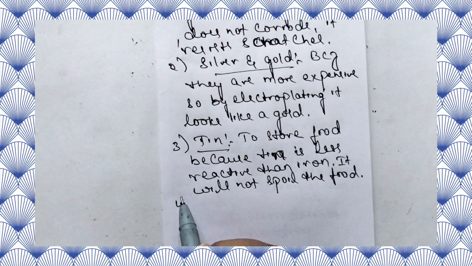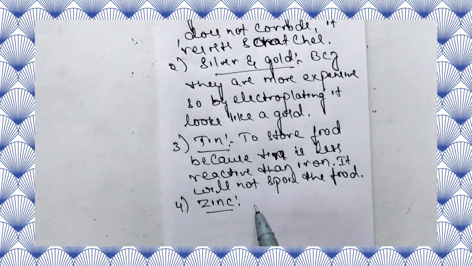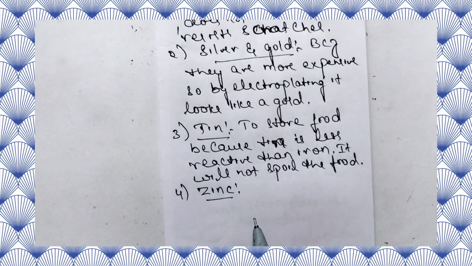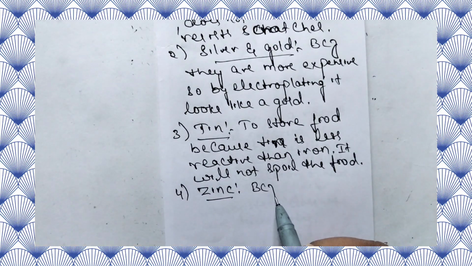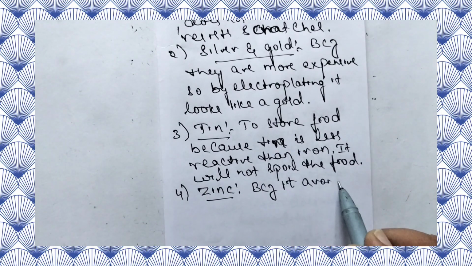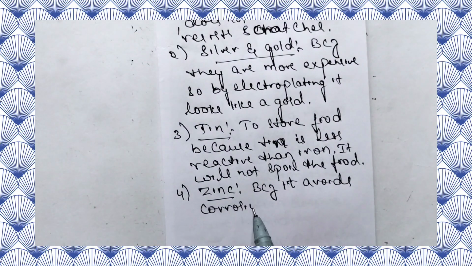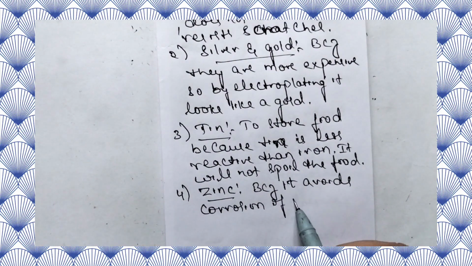Then the fourth one, we are using zinc. We use zinc to deposit on iron, because it avoids corrosion of iron.